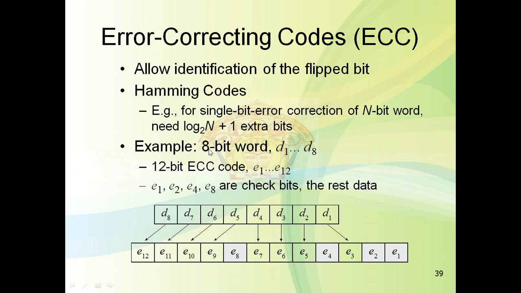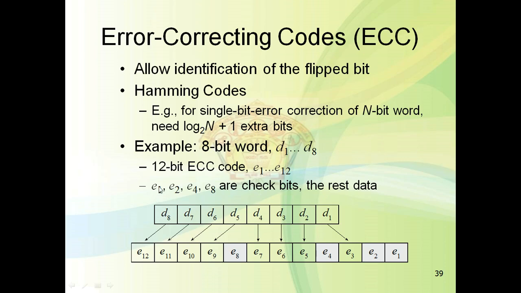For example, take an 8 bit data word, so D1 to D8 are the data bits. Log of 8 to the base 2 gives 3, and 3 plus 1 is equal to 4, so we require 4 check bits.